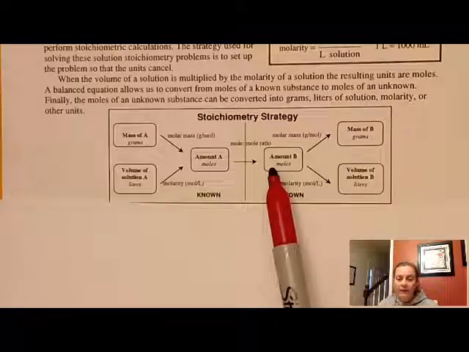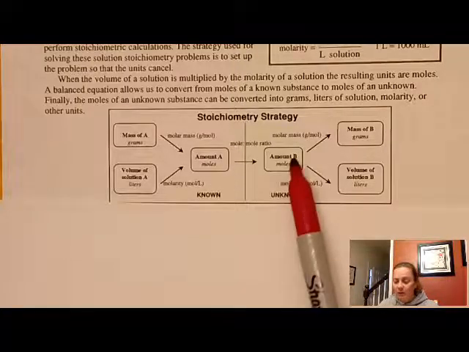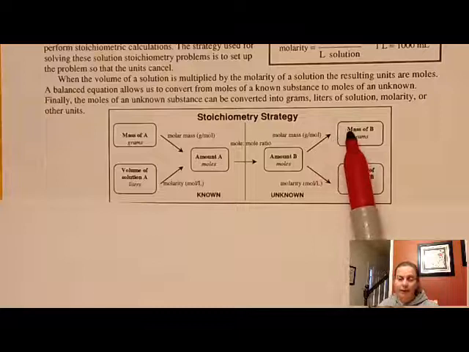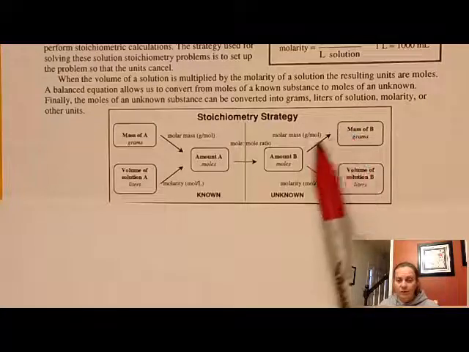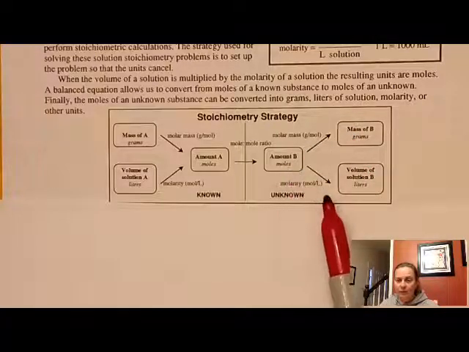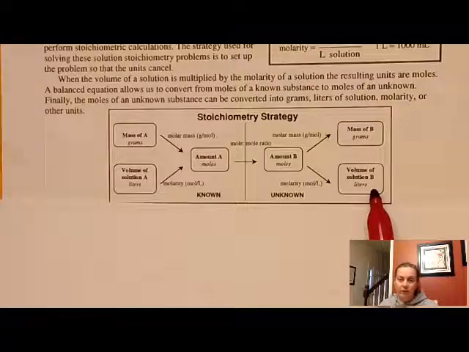Depending on what the question asks, we might use molar mass to go back to mass of our new substance, or we might use molarity again to get to a volume of a different solution. So it's the same process as we've been doing with stoichiometry, we're just adding in a new conversion factor.